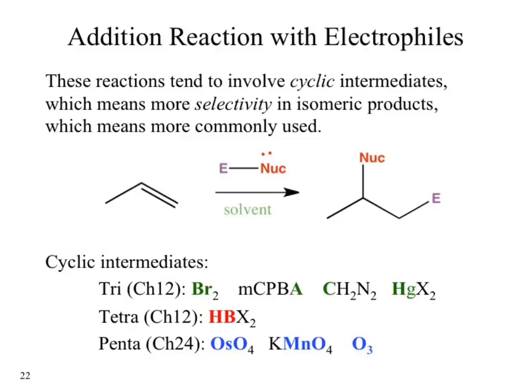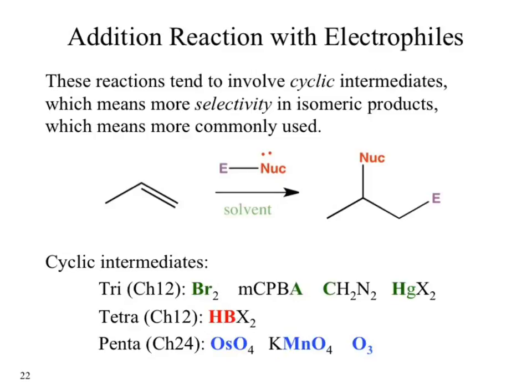So, if we take this a step further, we can look at our addition reactions with electrophiles. Right? And you'll notice that this is chapter 12 now in our textbook and chapter 24, so we've got those listed in their references. Okay, they all follow roughly the same basic skeleton. We take an alkene and we react it with this electrophile-nucleophile pairing.